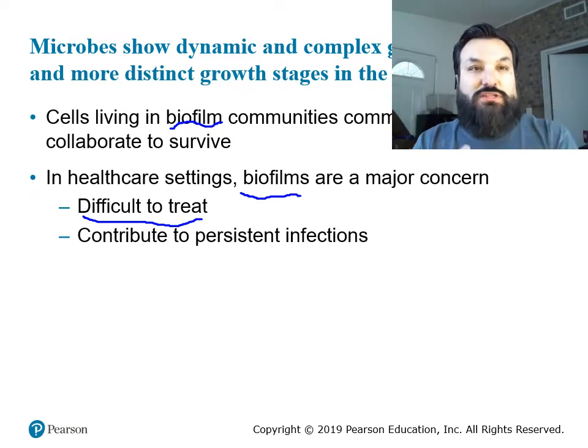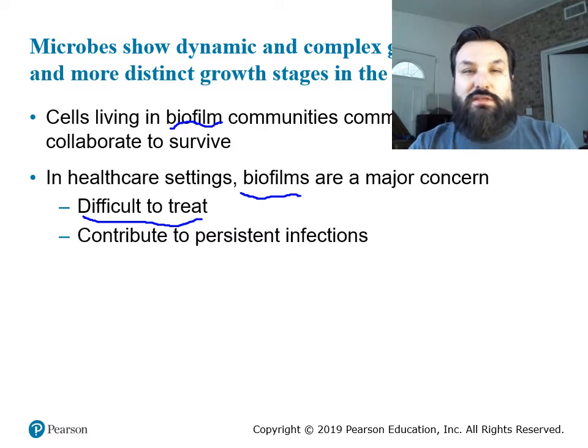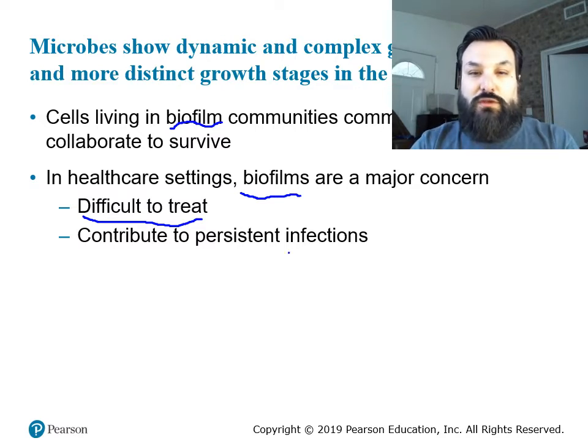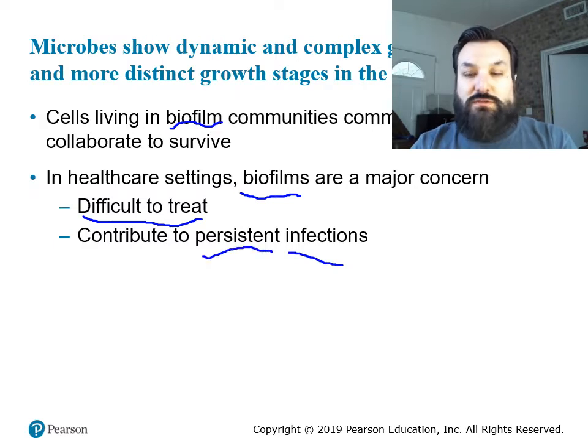It helps them to attach to themselves and to a surface, and that's difficult to completely take off of surfaces like hospital beds, hospital door handles, rails, hospital equipment, supplies, things like that. So it's a big concern. In those biofilms, you might have something that's pathogenic, something that actually causes harm to a human, and that's why it's a big concern, because those can cause infections, and those infections can be persistent infections.